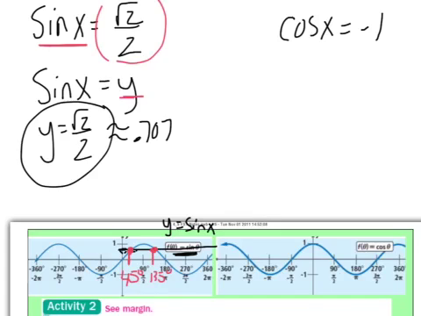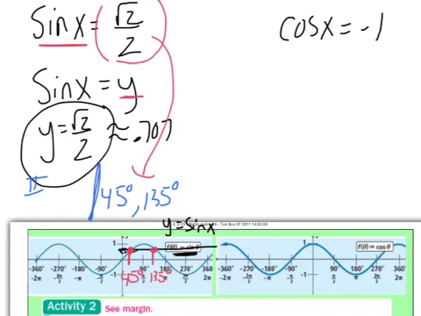So the graph tells us that the sine of x equals the square root of 2 over 2 at 45 degrees and 135 degrees in degree mode. If they wanted radians, in radian mode it's at pi over 4 or 3 pi over 4.